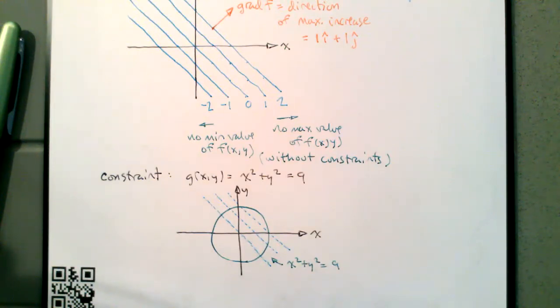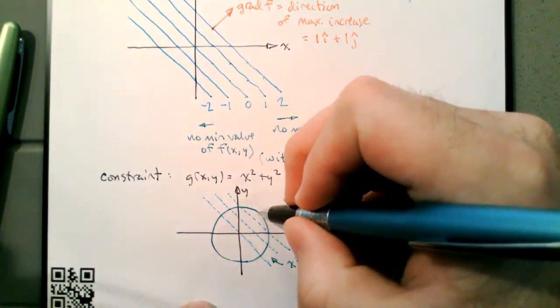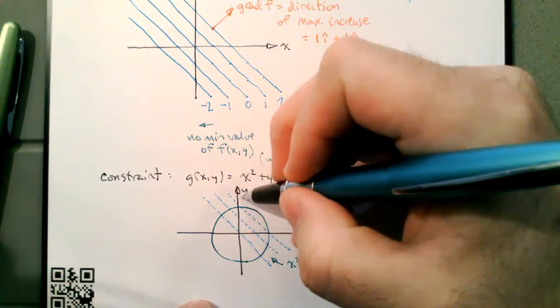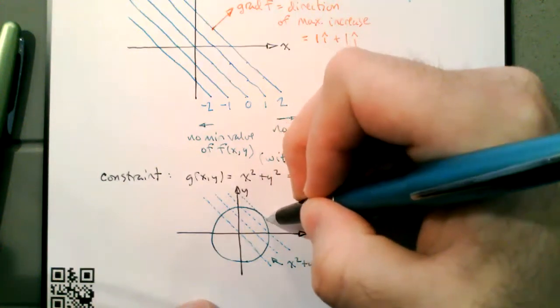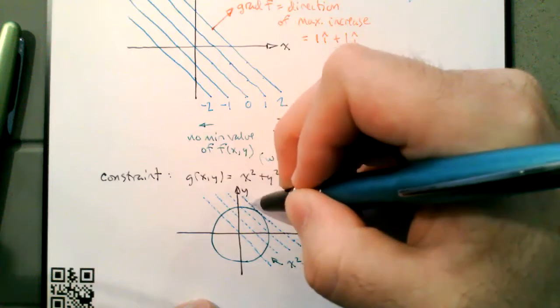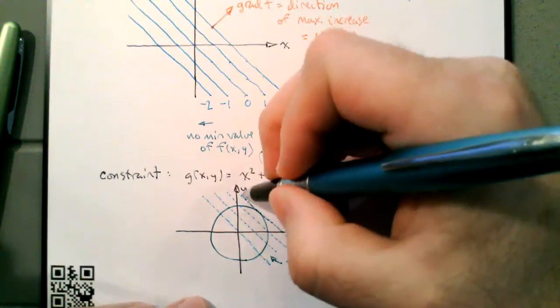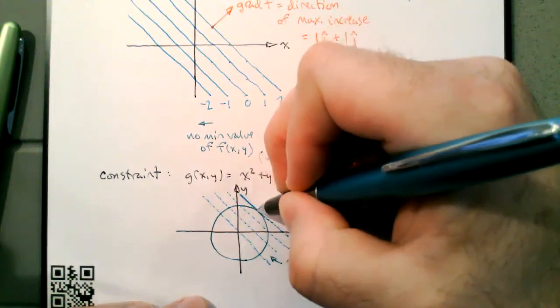And eventually, we're going to run out of space on the circle x squared plus y squared equals 9. Eventually, we're going to get a contour running tangent to our constraint. And that's going to be our maximum value of f.